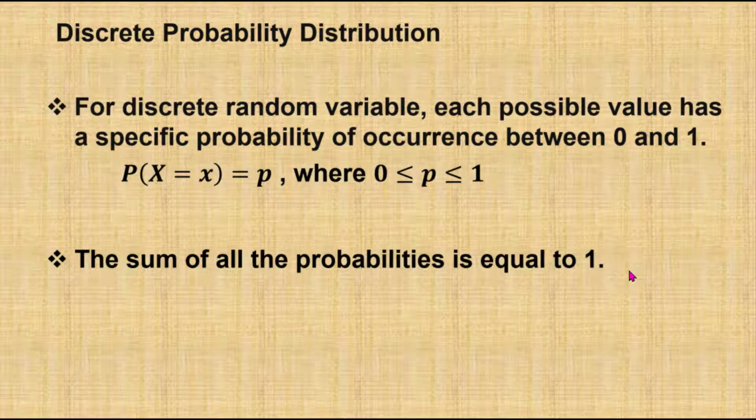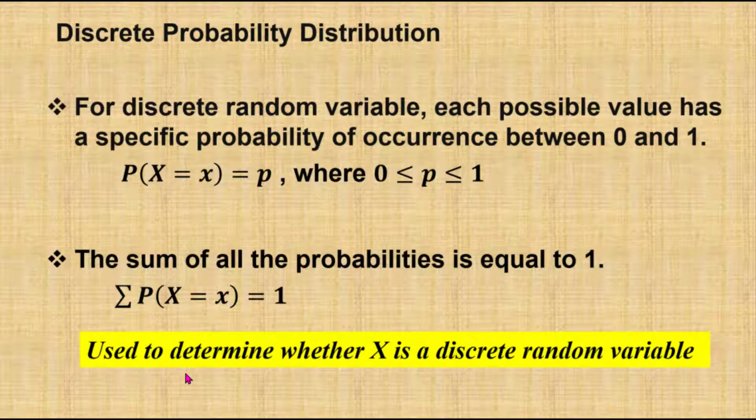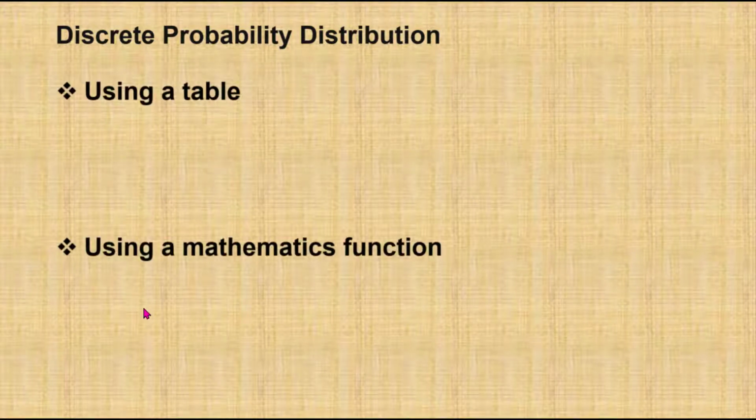Under mathematical symbol, it is the sum of P of X equals x is equal to 1. So this can be used to determine whether a random variable is a discrete random variable. A discrete random variable can be represented by using a table or by using a mathematical function.